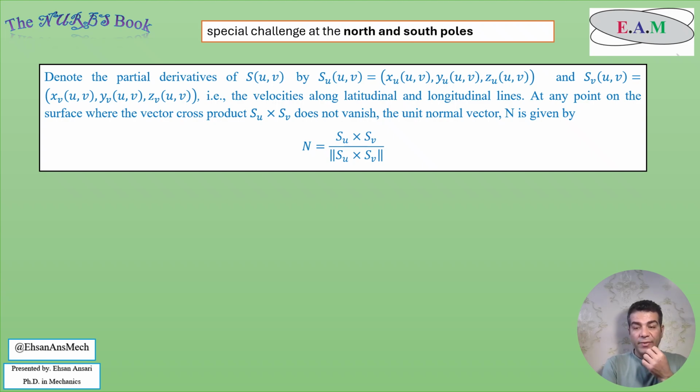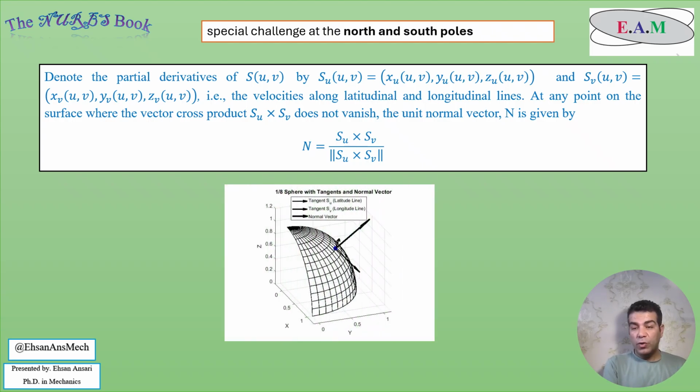analysis. To understand this more precisely, we define the partial derivatives of the surface S as Su and Sv, the latitude velocity and longitudinal velocity at any regular point on the surface. This is where the cross product Su cross Sv does not vanish.